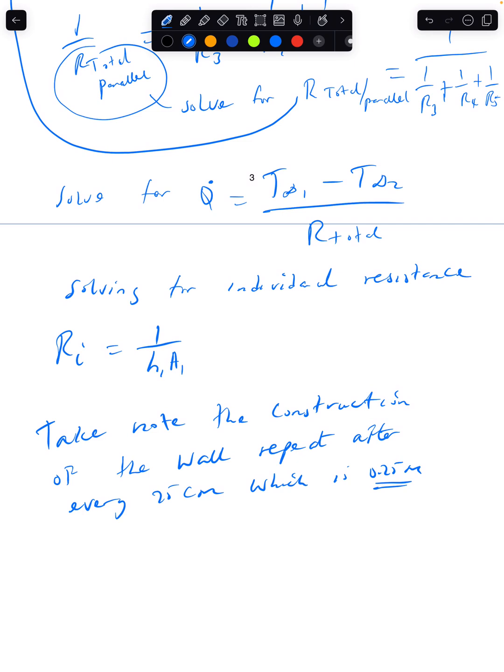But along the horizontal direction, no variation is given. So that 25 centimeter that you see, which is 0.25 meter, is a repetition that occurs in the vertical direction.